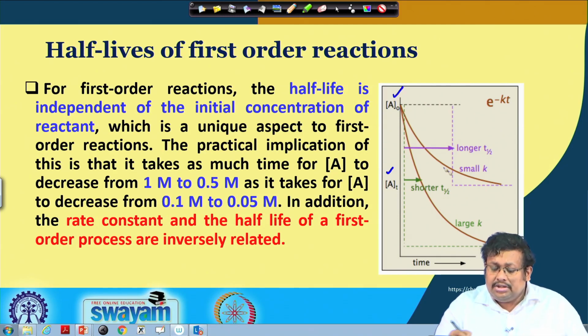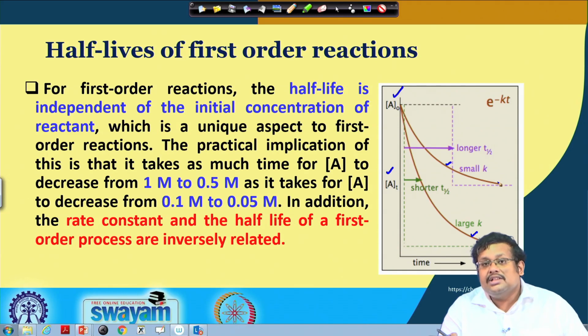In both conditions we are getting the first order reaction curve. Here you can see it is the smaller k, and here it is the larger k value. So the rate constant is quite high in this case, and we are getting a steep decay. However, in this case it is a small k, so it shows the slower decay.